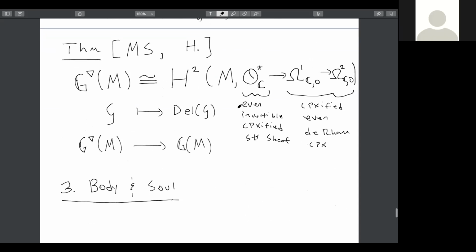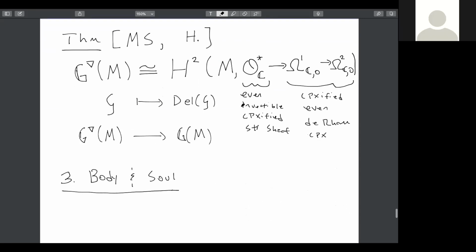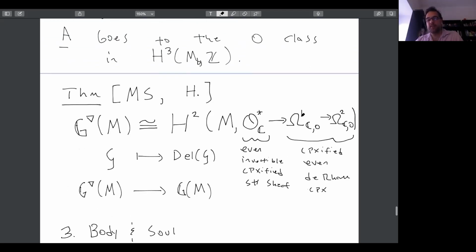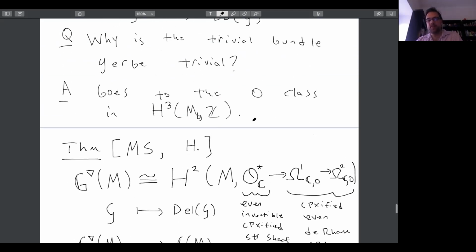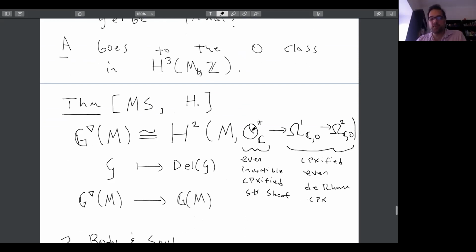I guess the map on the right-hand side is well known between the Deligne cohomology and the integral cohomology. Absolutely. It's just the map that forgets about these higher parts, the part in the 1 form and the 2 form. Then it just gives you this stuff in the structure sheaf. But due to a softness condition, this turns out to be the same as H3 with integer coefficients. Okay, thanks.